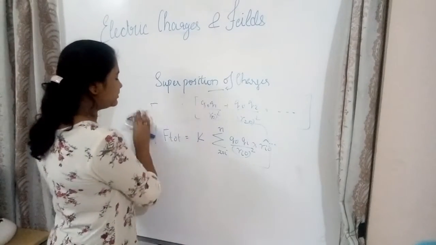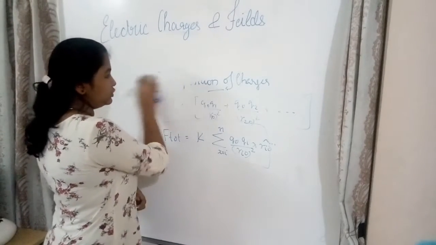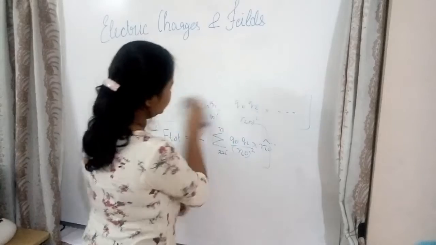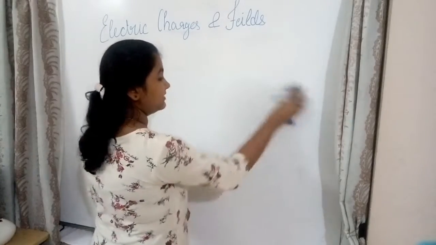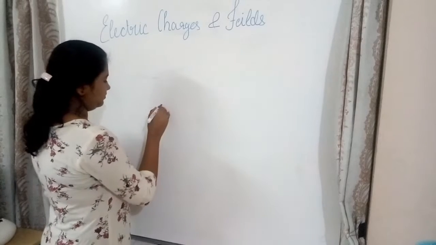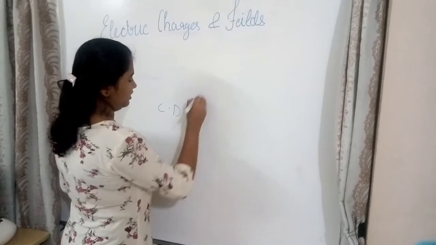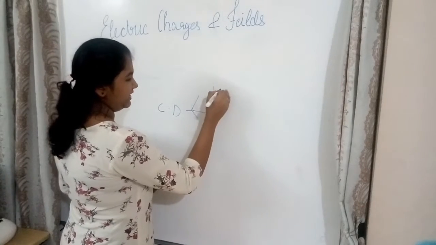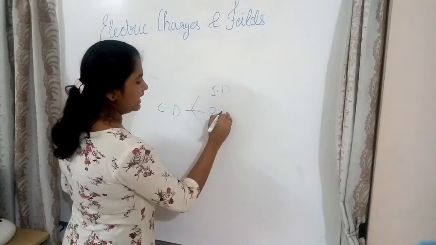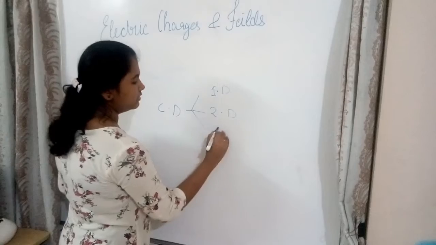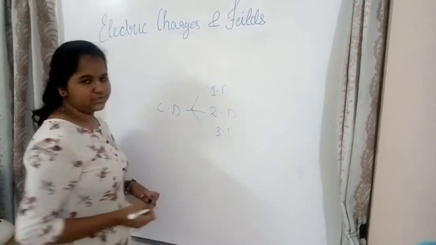So next we have to learn about the arrangements or charge distributions. Charge distributions are of three types: one-dimensional charge distribution, two-dimensional charge distribution, and three-dimensional charge distribution.